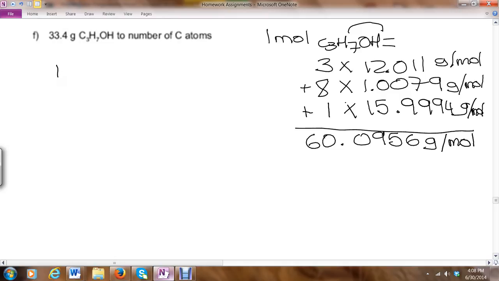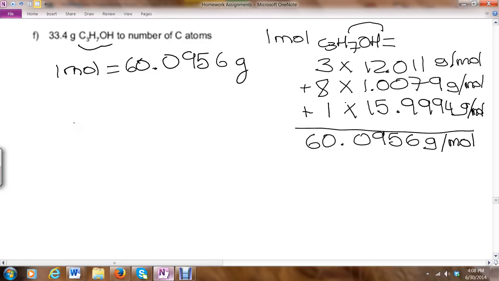So you got that 1 mole of this whole compound, and by the way, this is propanol, is going to be 60.0956 grams per mole.